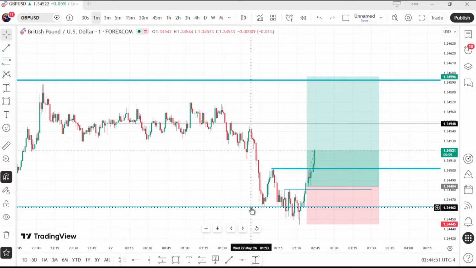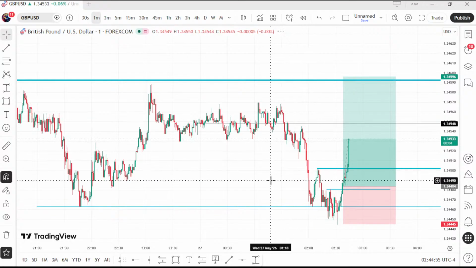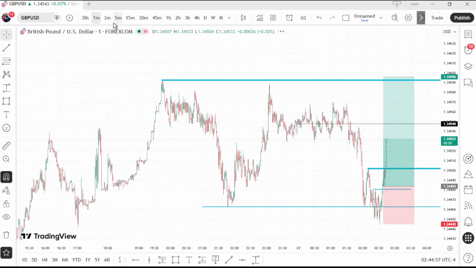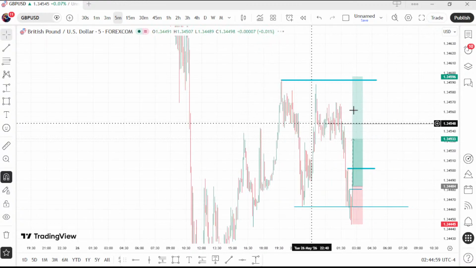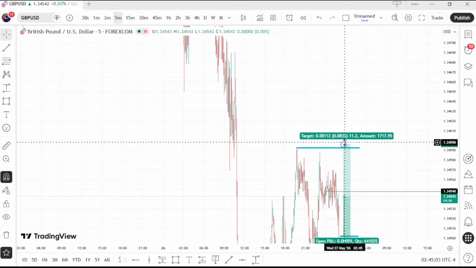My oh my. After that, these are those A plus setups that will actually reverse to more than 30 pips. They actually go to 30 pips, you see.